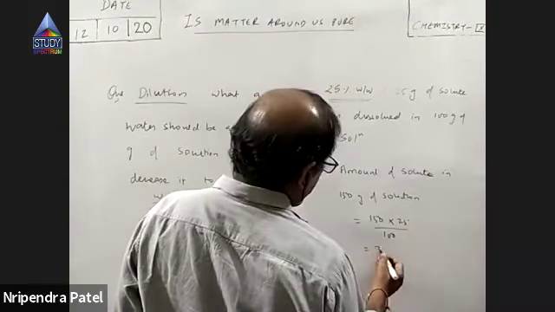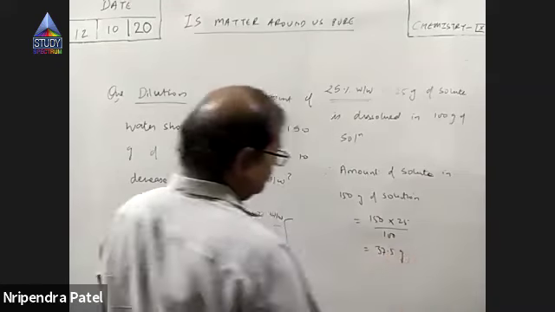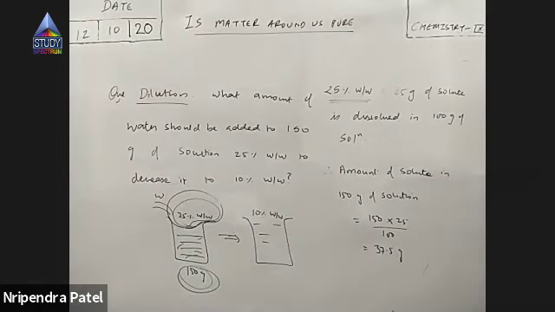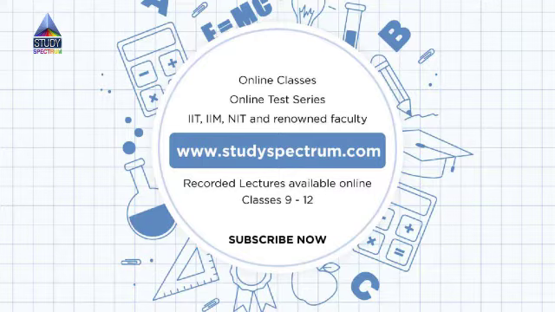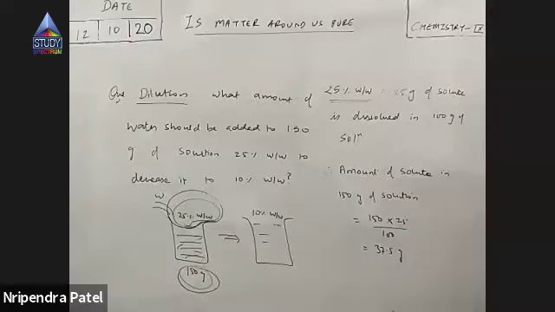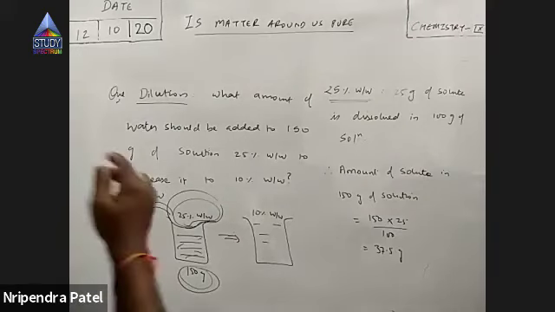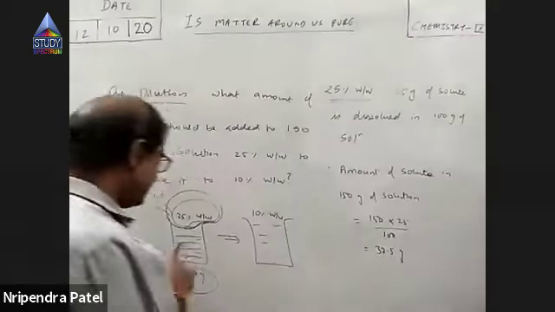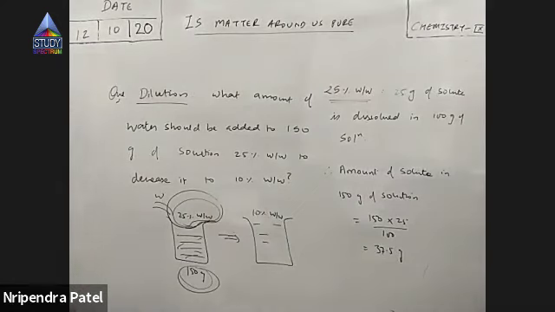That's the answer, 37.5. Is it clear? Yes, sir. So 37.5 gram of salt is present in 150 gram of solution.